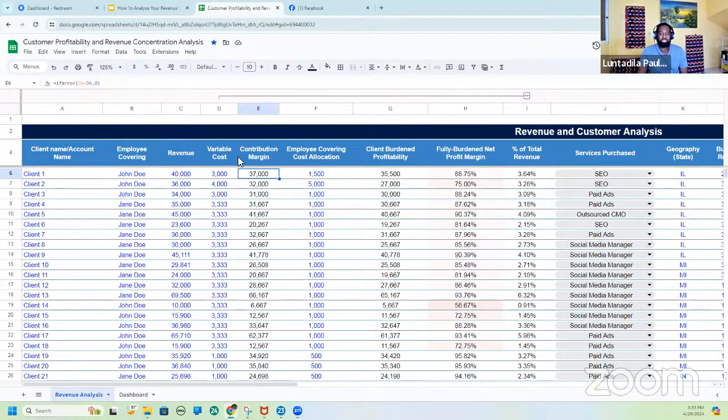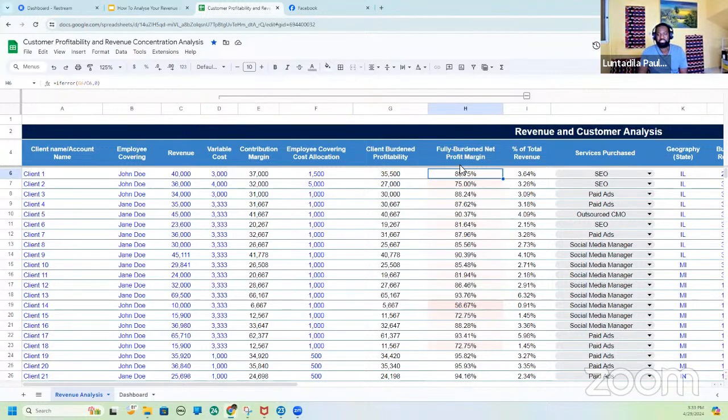We need to allocate the cost per employee covering that client. So for example, John Doe, the salaries and benefits paid, when we prorate that cost to this client, we assign $1,500 of the annual salaries and benefits of this client to client one, meaning our fully burdened profitability is actually $35,000 with some change, right?